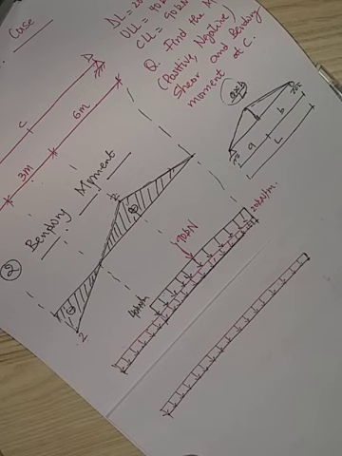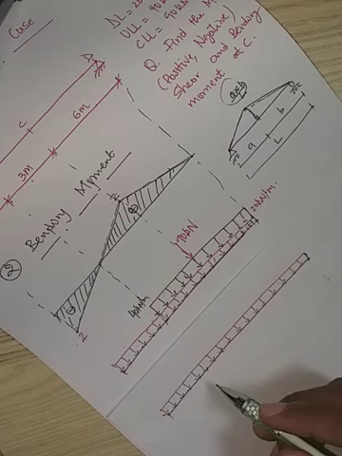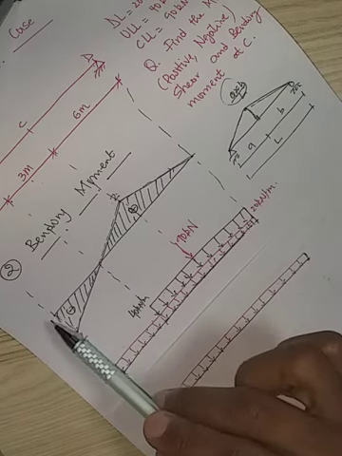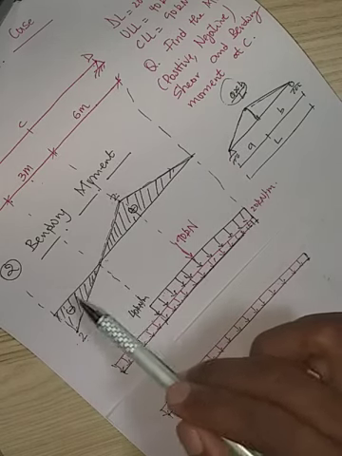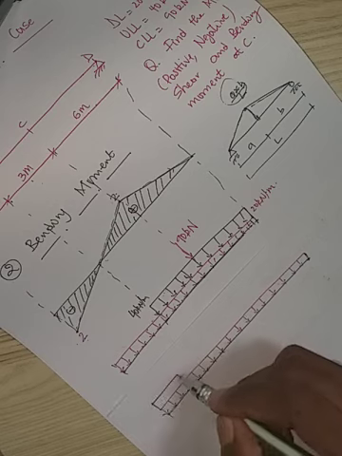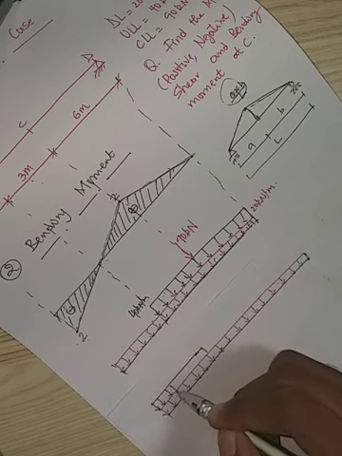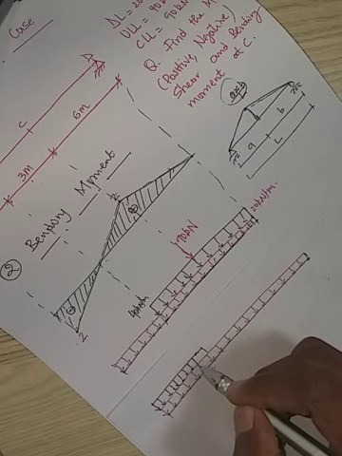After that, we add the live load, but the live load is applied only on the portion where we have the negative area, between A and B. So we get our 40 kilonewton per meter distributed load.